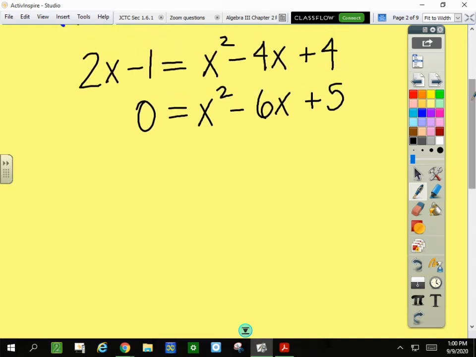When you have the quadratic section on test 1, the directions will be solve using the formula, solve by factoring, solve algebraically. You will have to show me on the test somewhere that you can use all 3 methods. Here it would be up to you. This factors, so I'm going to factor: what adds to get -6 and multiplies to get 5?